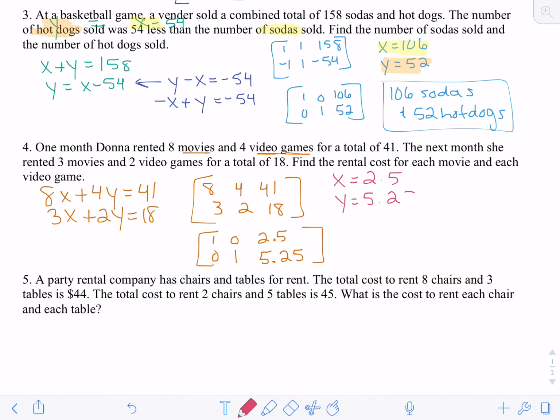But it didn't say what is X and what is Y. It said find the rental cost for each movie and each video game. So if you look, here's my X. My movies line up with the 8X and 3X. Well, what was 8X and what was 3X? That was your movies. So the cost for a movie was $2.50.